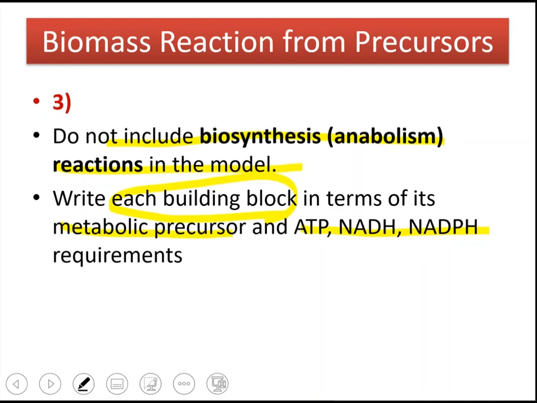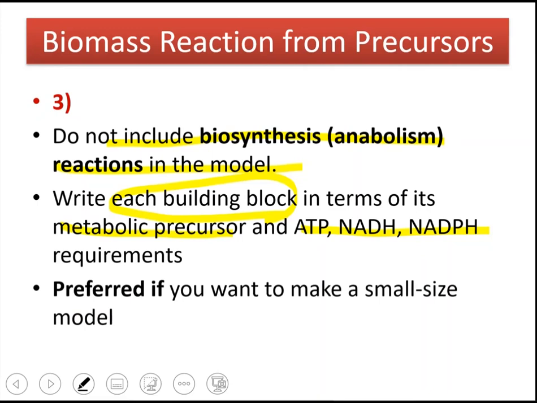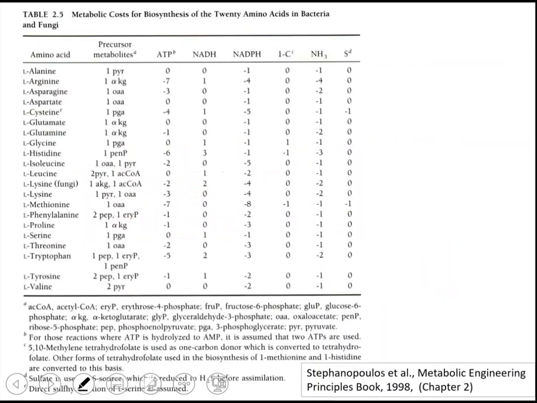So for each building block, we can make a list of required precursors, required cofactors, and ATP. For example, for alanine, you need 1 pyruvate, 1 NADPH, and 1 NH3.